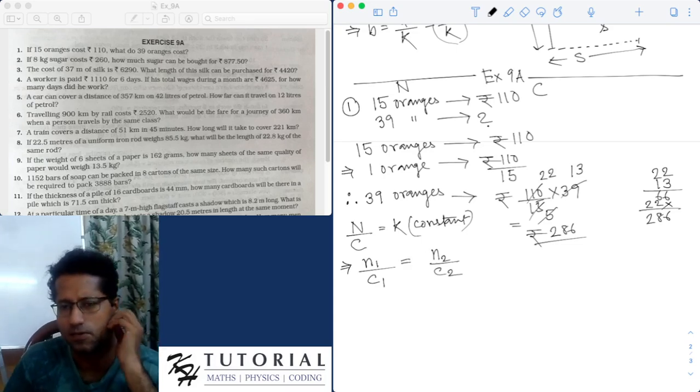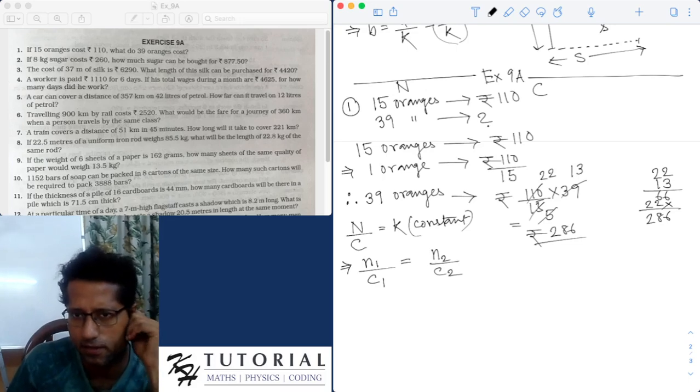This is what it means, that the number of oranges and its cost vary directly, or their ratio is constant. That is, n by c is a constant. This actually means that if the cost of n1 oranges is c1 and the cost of n2 oranges is c2, then n1 by c1 will be equal to n2 by c2.